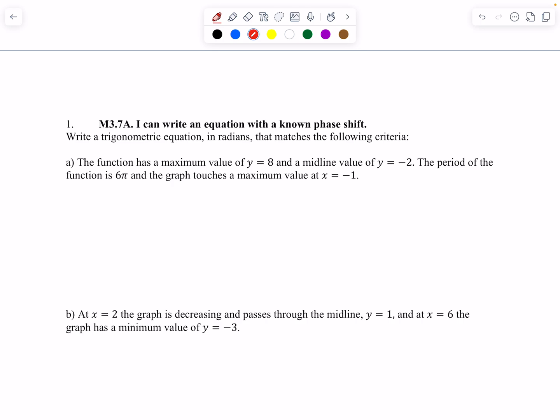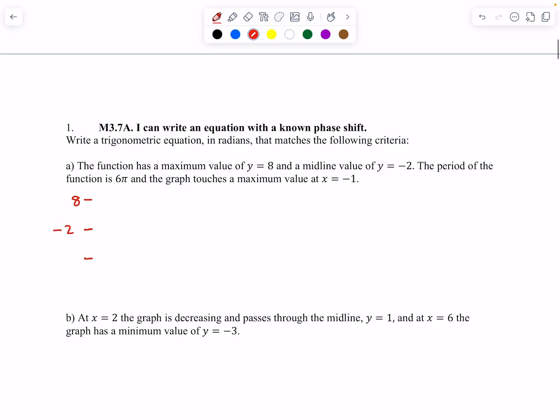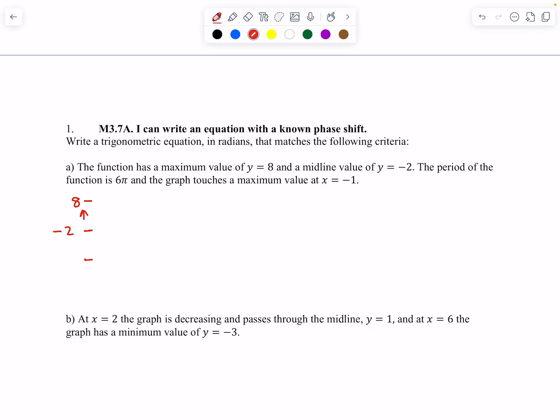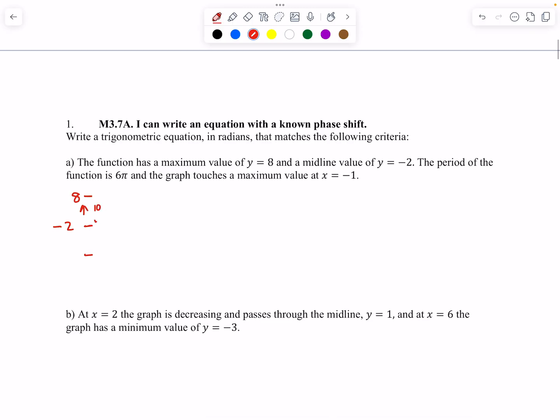Starting at this one, if you have an 8 for max and a midline of -2, we can find the min. If this is between 8 and -2, remember you have to go through 0. This is actually 10. So going down 10 more, it's -12.